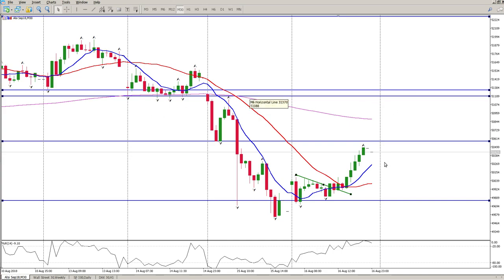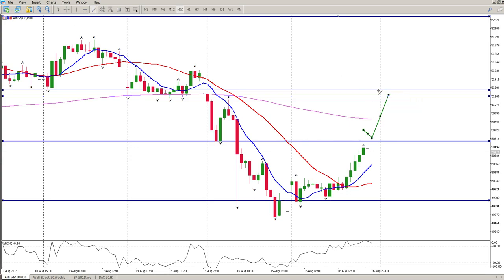Okay, so how I see this playing out is as follows. I see us gapping up, pulling down a little bit, and then accelerating to here.